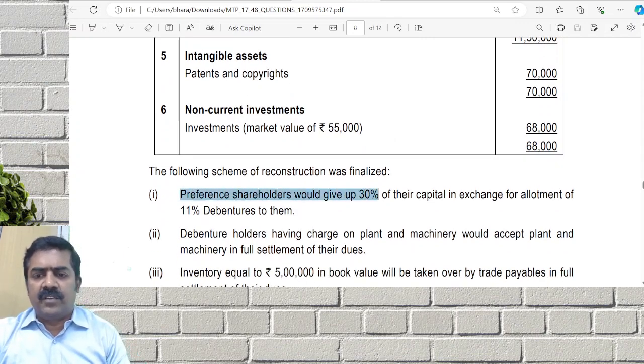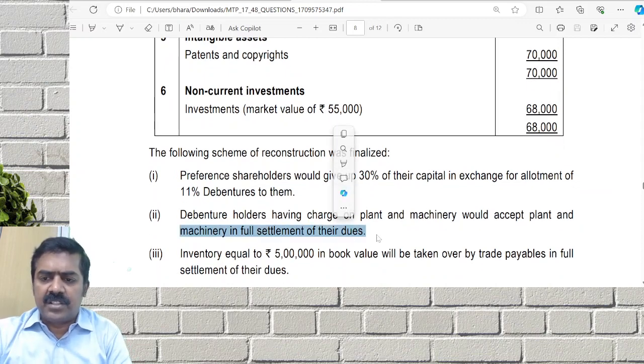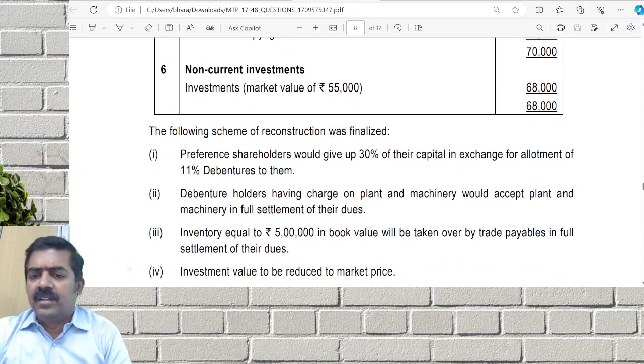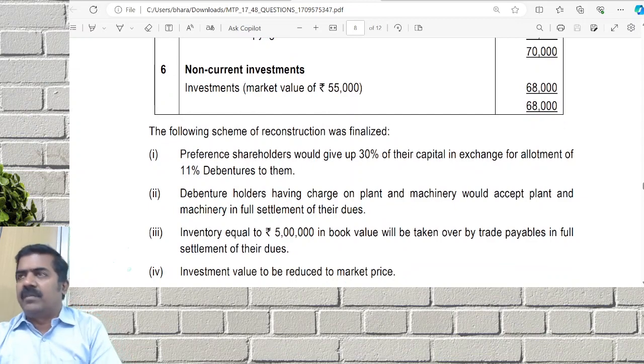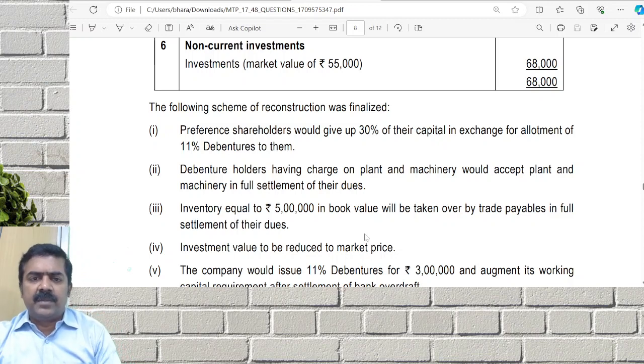Preference shareholders will give up 30% of their capital in exchange for allotment of 11% debentures to them. Debenture holders having a charge on plant and machinery will accept plant and machinery in full settlement of their dues. Inventory equal to 5 lakh at book value is taken over by trade payables.